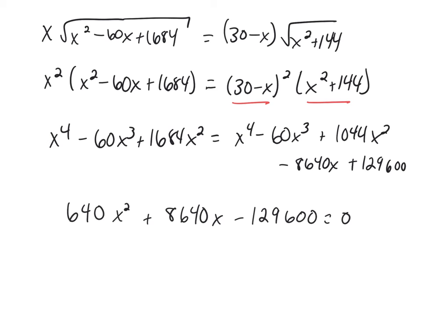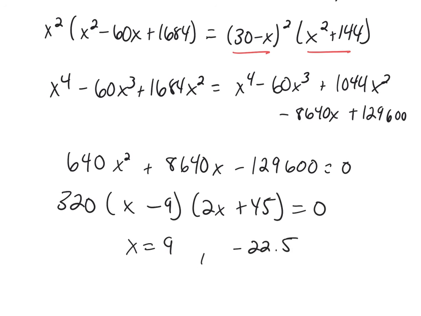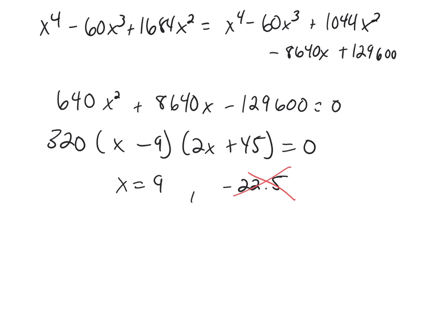You can factor out a 320, and then you should be left to factor what's left as (x minus 9)(2x plus 45). So I get two solutions. You'll get x equals 9 and negative 22.5, but x can't be negative, so we'll throw that out. So our only critical number is x equals 9.